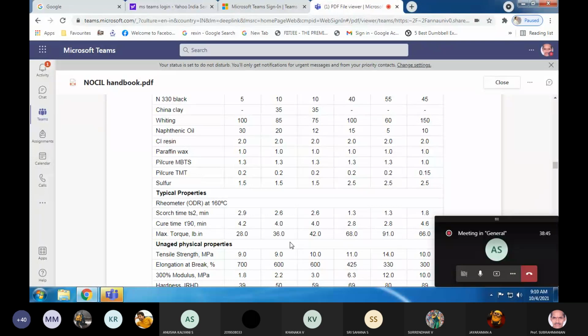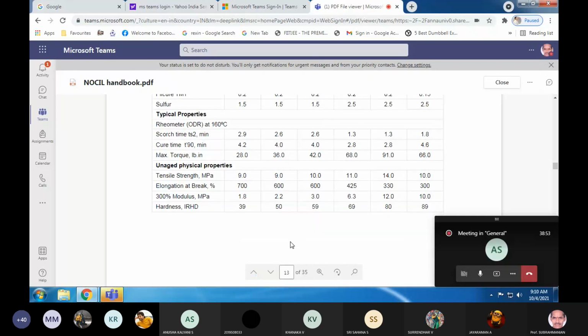All right. We look at the cure properties. Two properties. Scorch time is a process safety. Cure time tells you that any active cross-linking chemical conversion is complete.